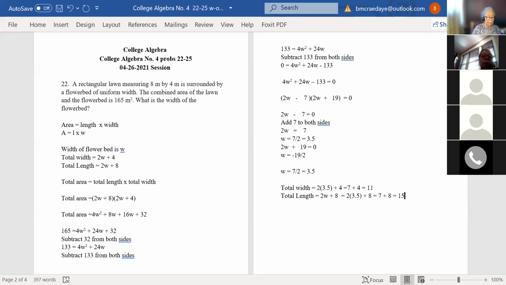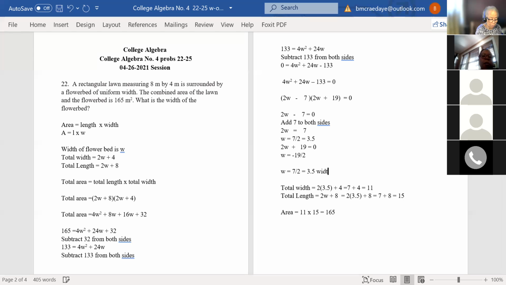Now, the way we could check this, multiply 11 times 15, and you should get the 165, the combined area. So area equal 11 times 15. And what's that equal to? Should be 165. All right. So the width of the flower bed is this 3.5.